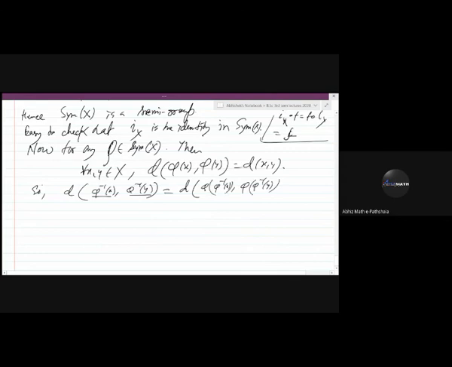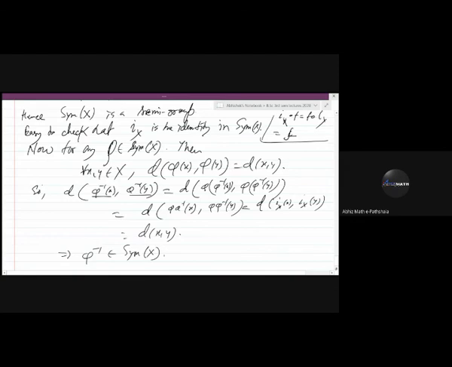That is d of phi of phi inverse x, phi of phi inverse y. Now since phi is a symmetry, and phi compose phi inverse is identity, that means d of identity x of x and identity x of y. So that means it is d of x y. Thus we have seen that for any x and y belonging to X, phi inverse is also a symmetry of the geometrical figure.